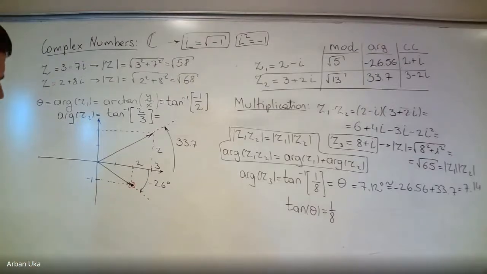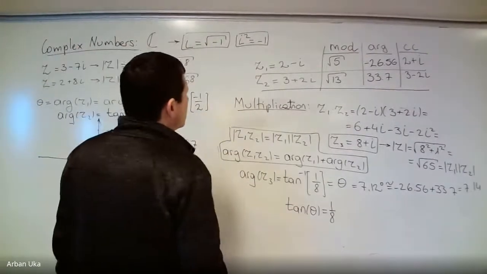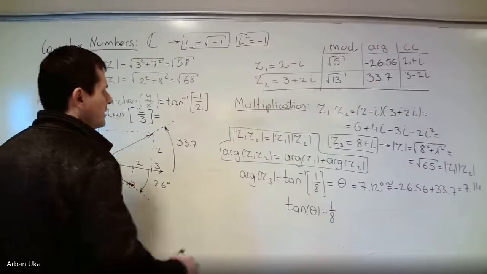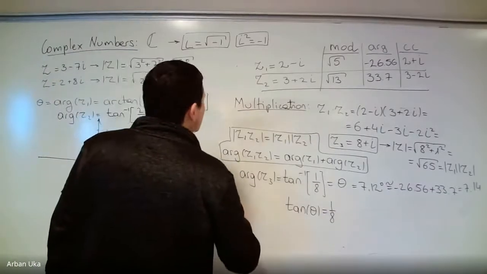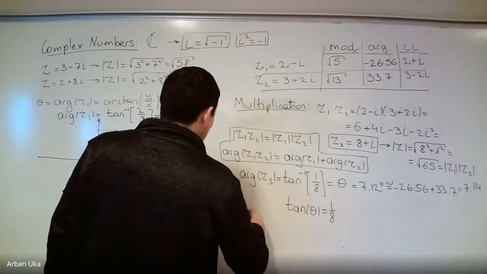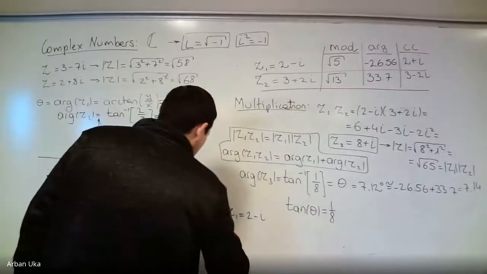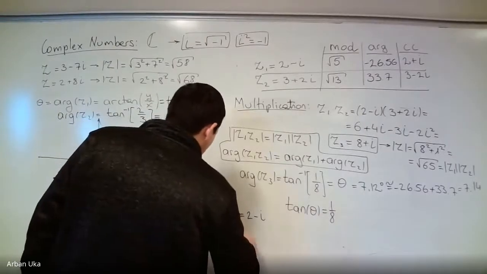Now, what is useful at this stage is to have a look at what happens to a complex number if we multiply it by i. So let's pick Z1, and Z1 is equal to 2 minus i. Let's multiply by i times Z1.